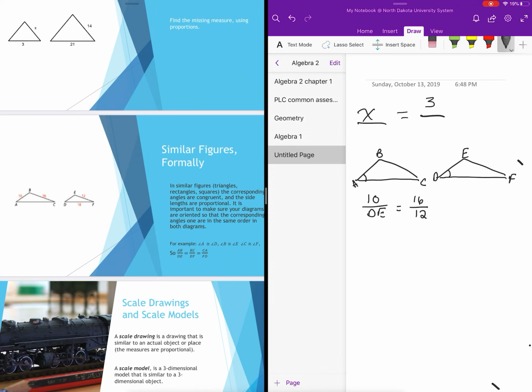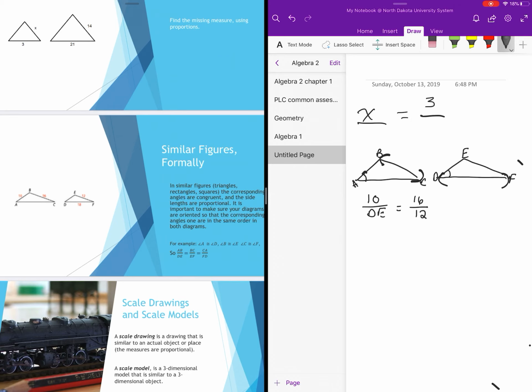You cannot set BC proportional to DF, for instance. They are not corresponding sides. And how you tell that is by the corresponding angles. So it's very important to orient our diagrams such that the corresponding angles, which are congruent, line up or are in the same order.